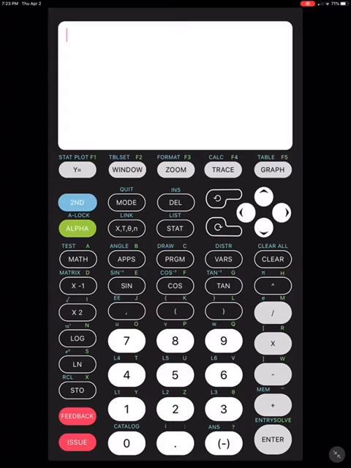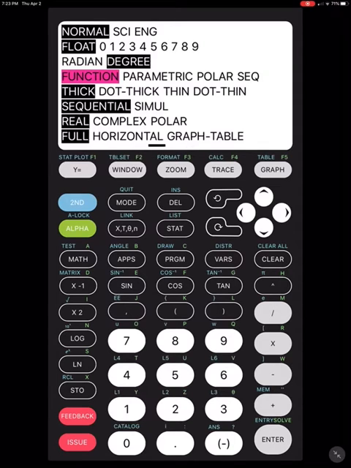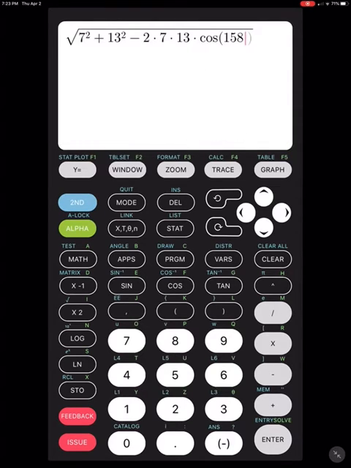Let's type that in. As we do that, again, second x squared key, there's our square root key. We got 7 squared plus 13 squared minus twice the product, 2 times 7 times 13, times the cosine of the angle. Now remember, we need to make sure our mode is in degrees, so we got it in degrees.